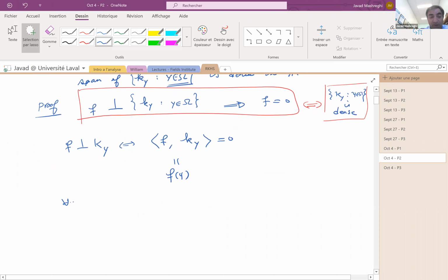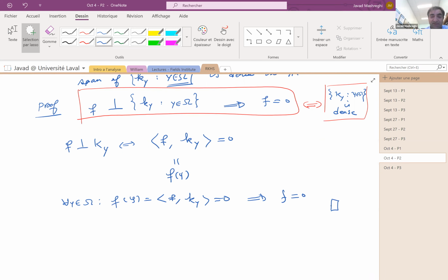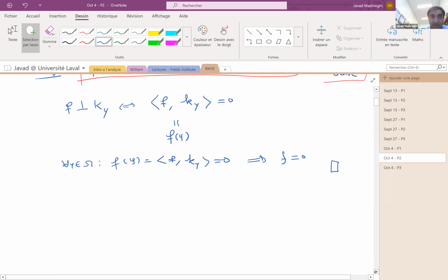So for any y in the set, F at point y is equal to 0. So F is identically 0. As I said, the proof is extremely easy. It's just based on the definition that we had before. But it's amazing that it's a very strong tool in studying RKHS.